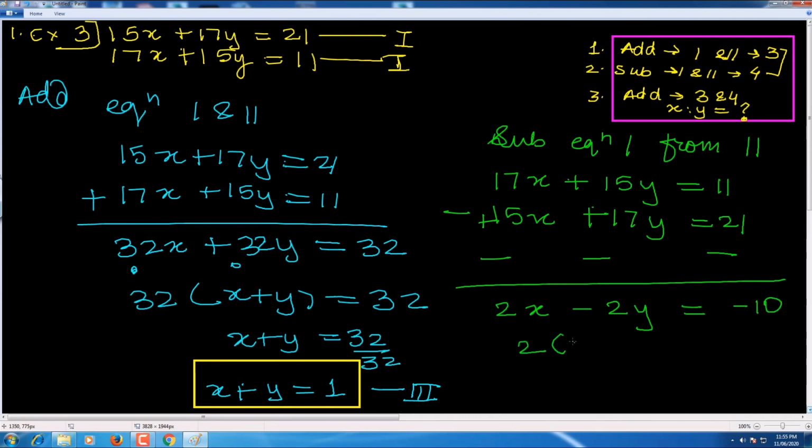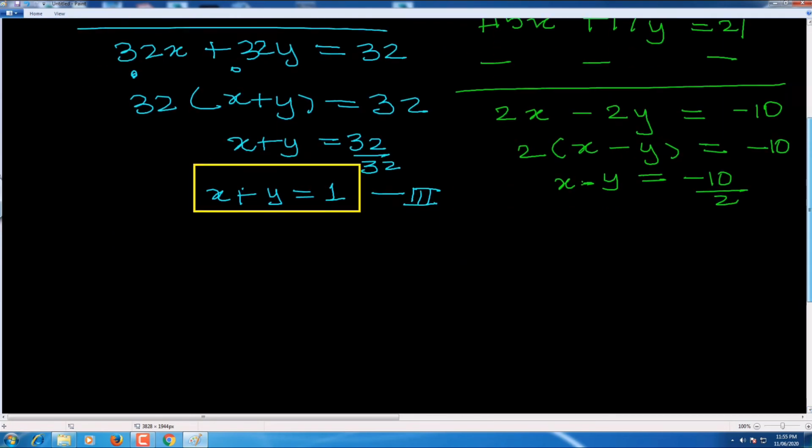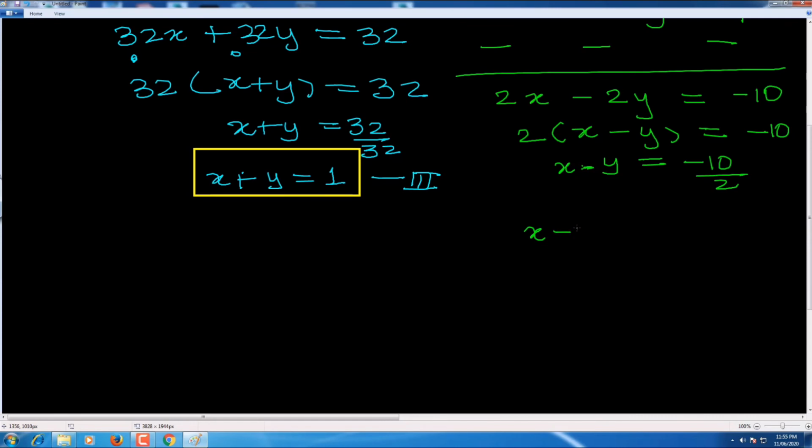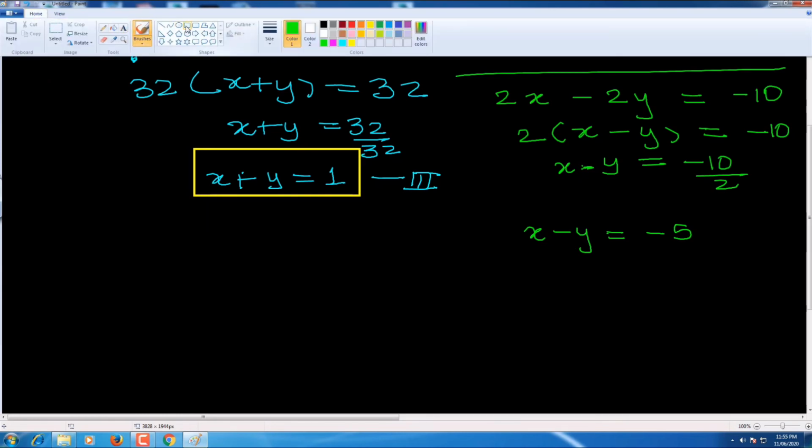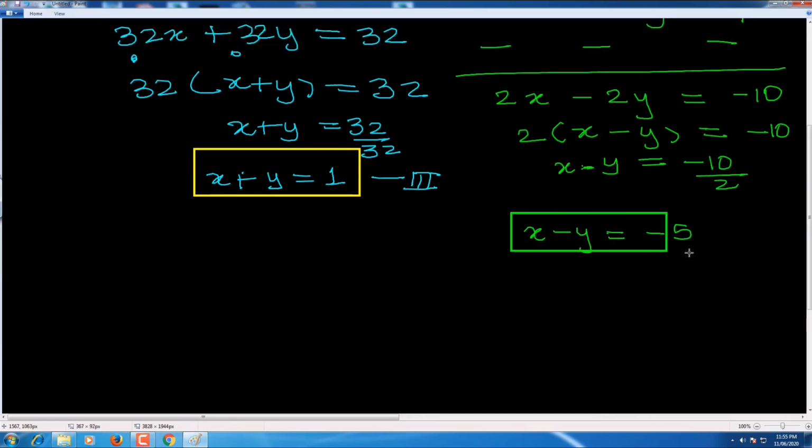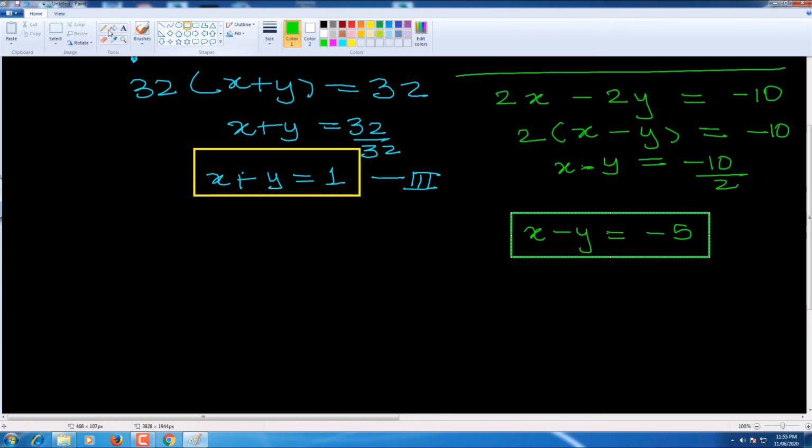So taking 2 common, 2(x - y) = -10. x - y = -10 upon 2, and then we divide it. x - y = -5, because 2 fives are 10. Therefore now we got equation number 4.